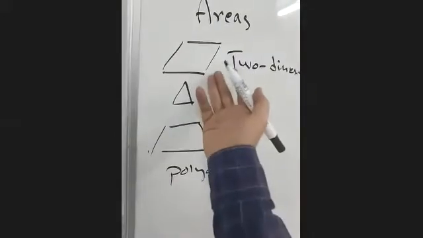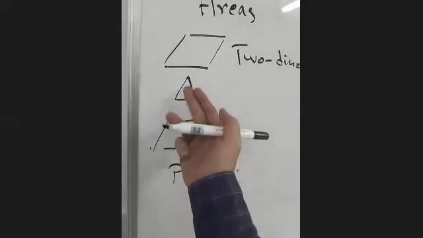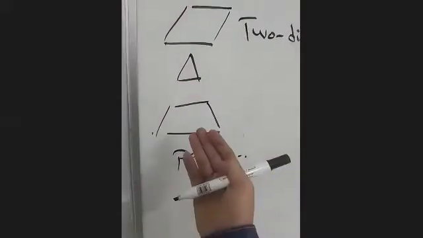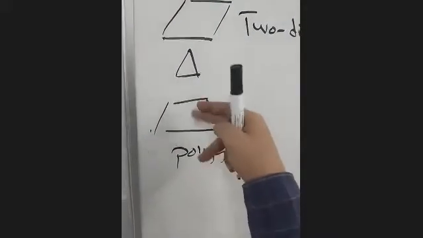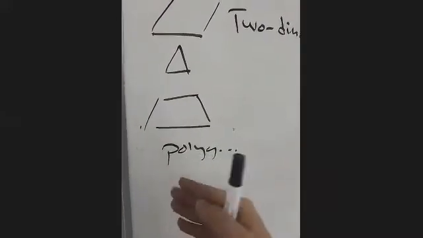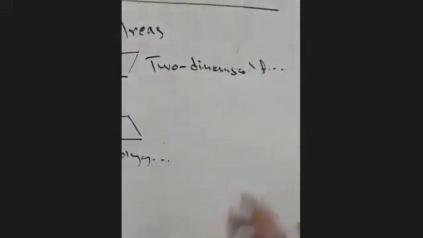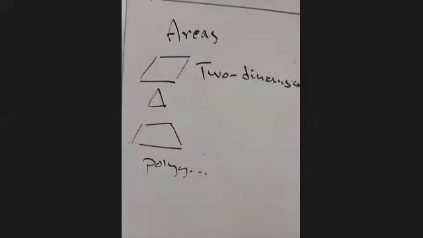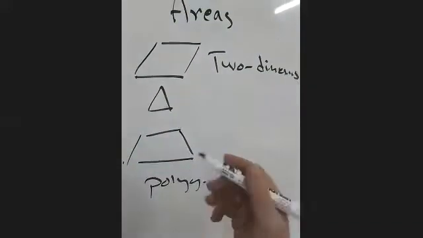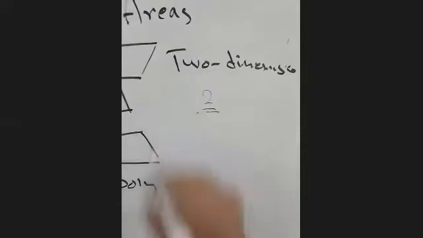For example, the parallelogram has base and height, the triangle base and height, the rectangle length and width, the trapezoid two bases and height, the polygon the side length and the height of the triangle. So here we have two-dimensional figures, so we found for them areas. That's why we always write the unit of the area to the power 2, if you remember.